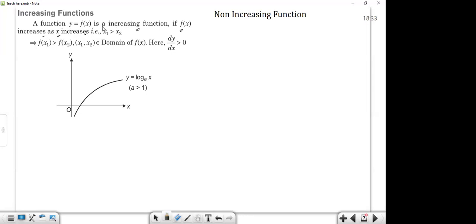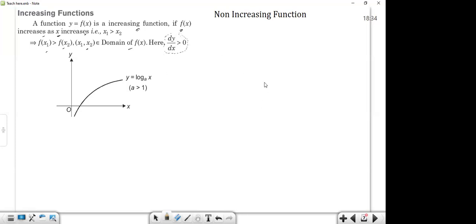Let us say there are 2 points, and one point is greater than the other point, so the output at this particular point should be greater than at the other point in this domain of the function. In other words, the derivative of the function is positive.